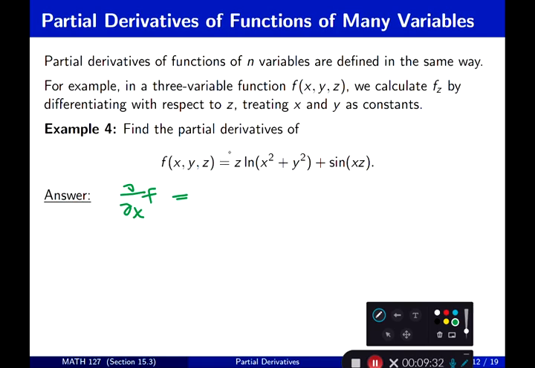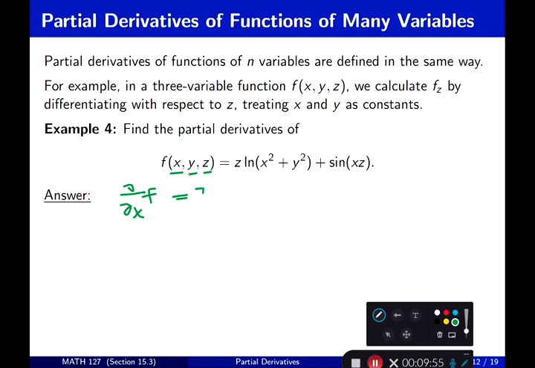And this time around z is going to be a constant because we're taking the derivative with respect to x, and out of the inputs, only the one that we're taking the partial with respect to should be non-constant.